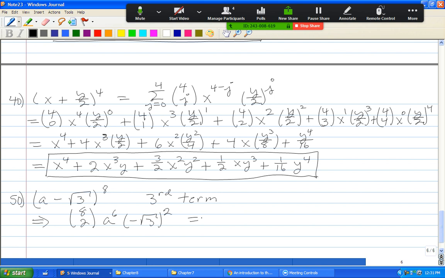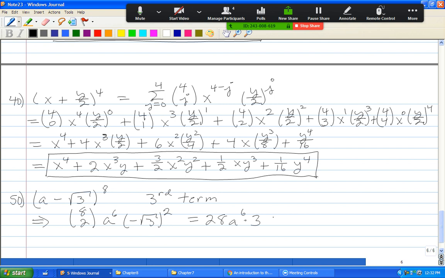So all I have to do is figure out 8c2. Well, that should be easy. That's 8 times 7 divided by 2 factorial, which is 2. So that's 4 times 7. That's what, 28? a to the 6. The square gets rid of the square root, and the minuses cancel.